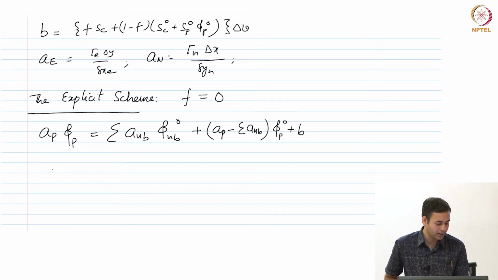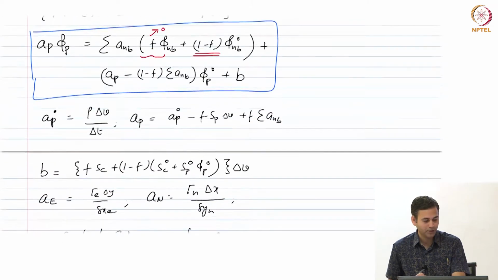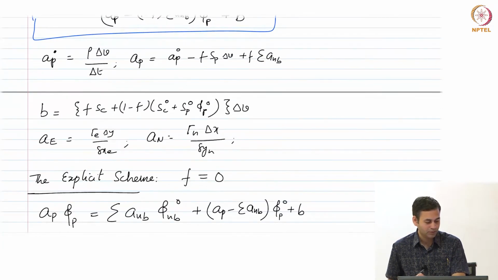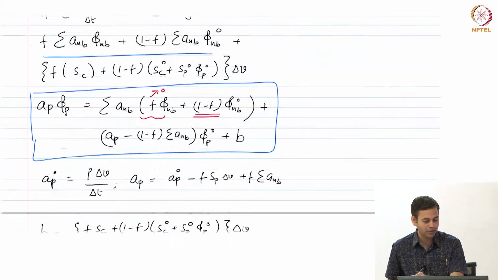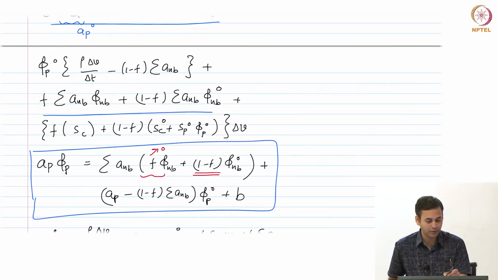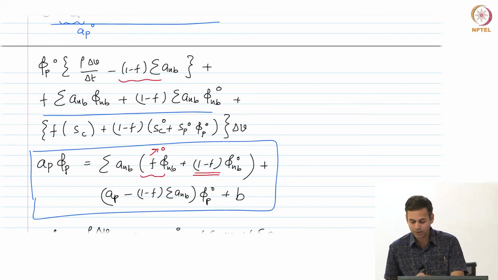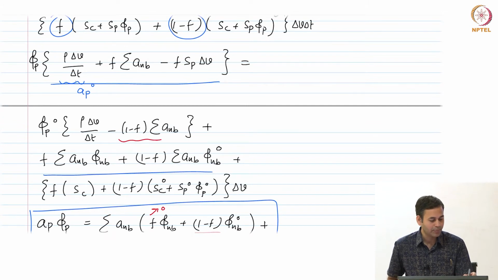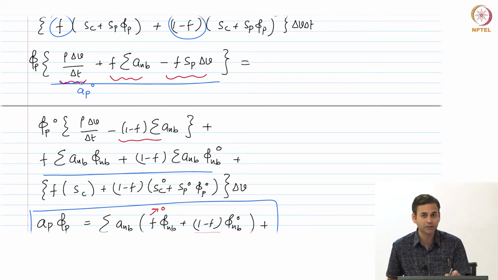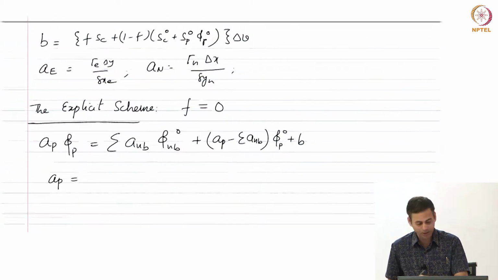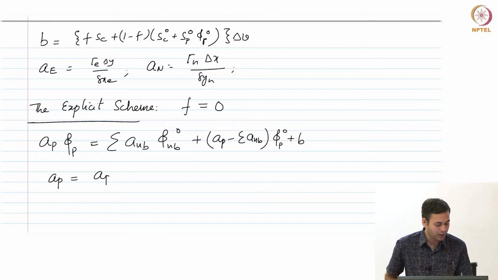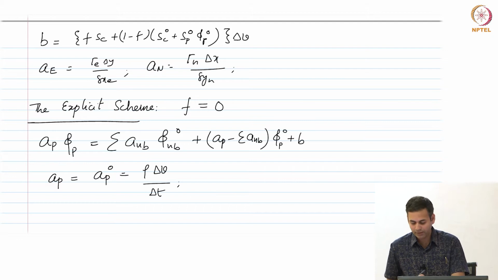Okay. Now, what is AP? AP is AP 0, because if you look at AP, this term is there, right. Oh no, not this term, right. So, you have AP contains AP naught plus this, which is now 0 because F is 0, right. So, AP equals AP naught equals rho delta V by delta T. Of course, A and B's are the same.